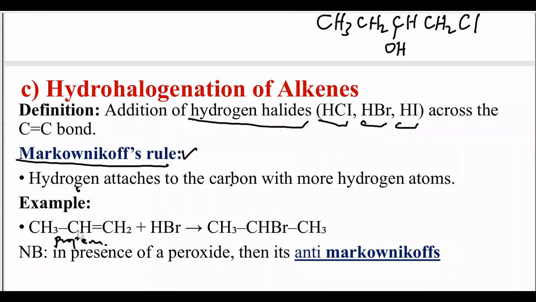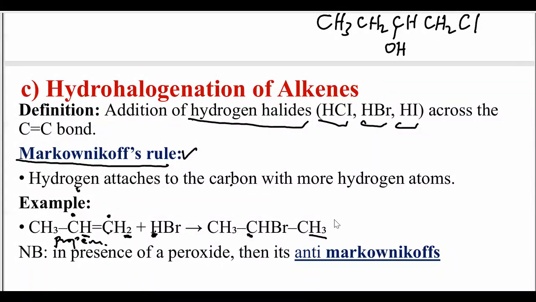It has a double bond. We have this carbon atom and this carbon atom. The hydrogen on the hydrogen bromide was attached to the carbon atom with two hydrogen atoms, so they became 3. And then bromide came on this second carbon atom.